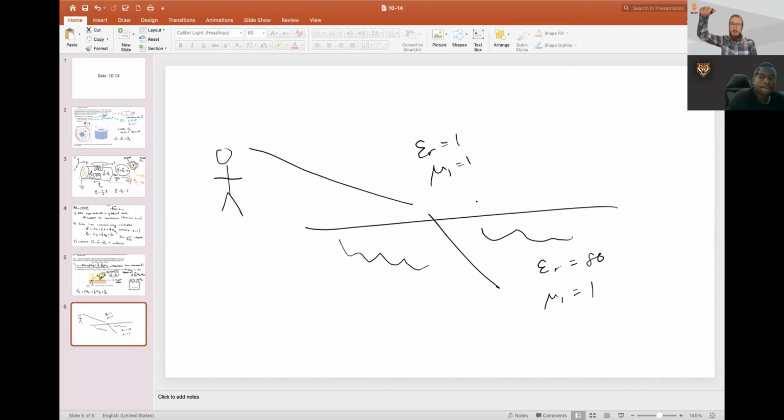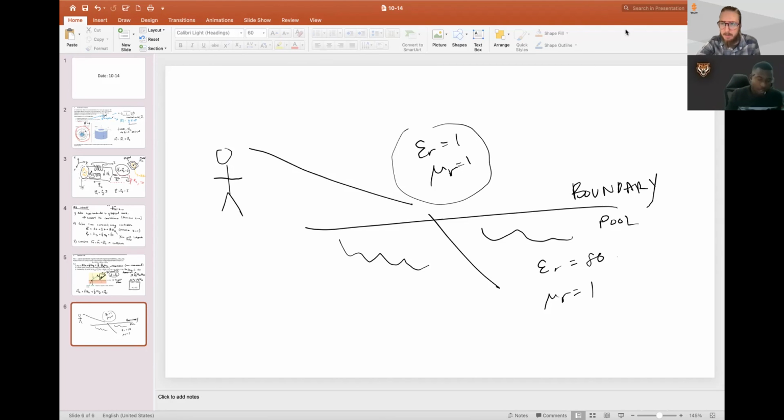Your wave is going through something, it hits a boundary. This is your pool, so this is the boundary. That's really what all of these boundary condition problems are: you have a wave traveling, it hits a boundary. What happens when it crosses the boundary? And it'll always be controlled by epsilon r and mu r. Got it. Thank you. Yep, you're welcome.